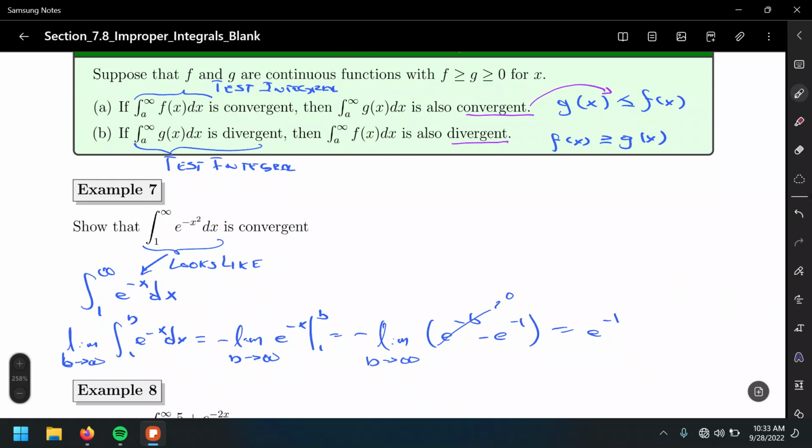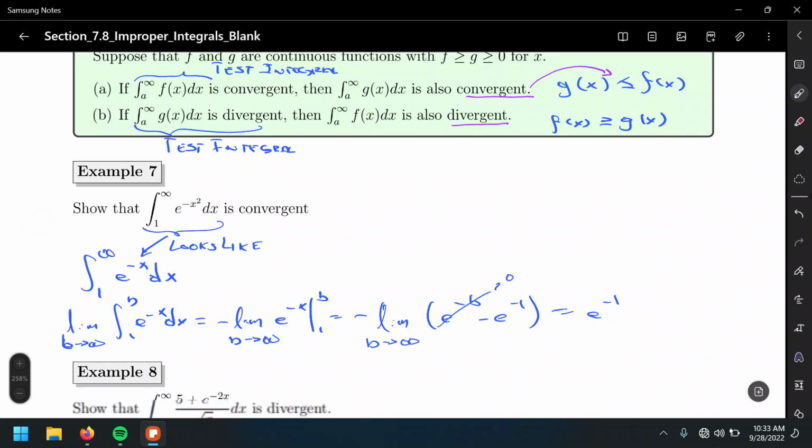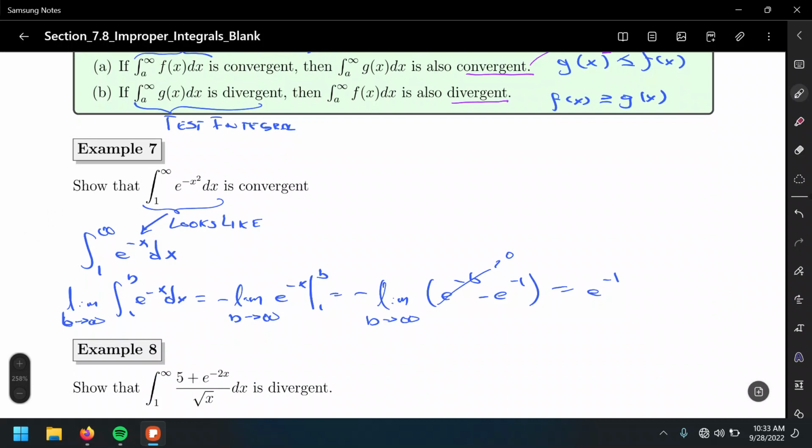So how are we going to set up this proof, or how are we going to show this? They're telling us convergence.